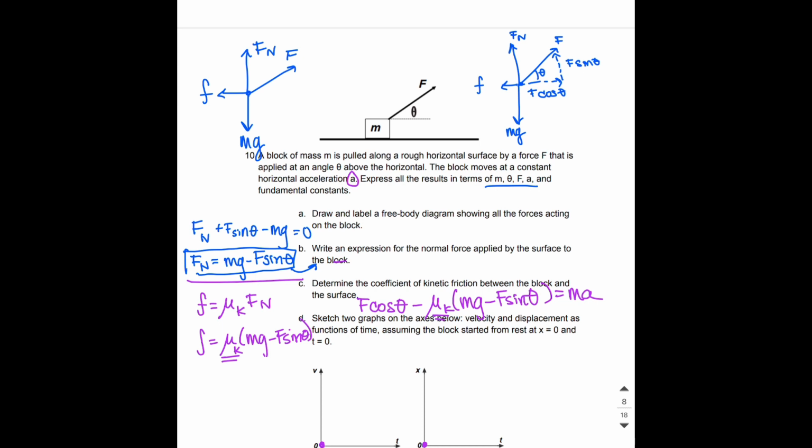So the first thing we want to do is look at the fact that we have a constant acceleration, which means that we're going to have a straight line as an acceleration. If the straight line is my acceleration, then my velocity has to be moving in a linear way.